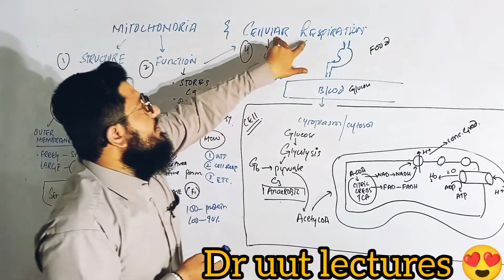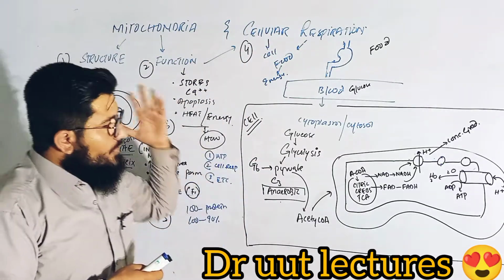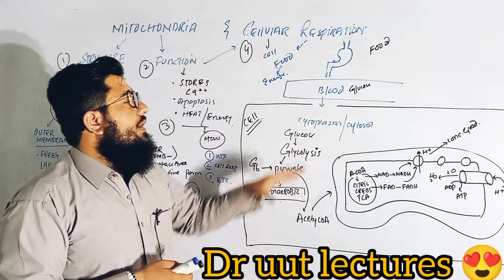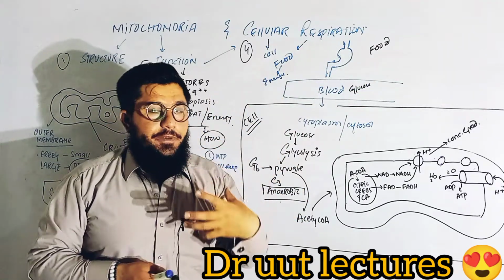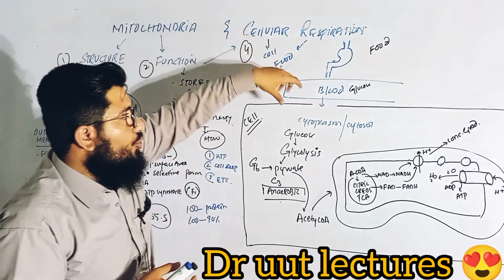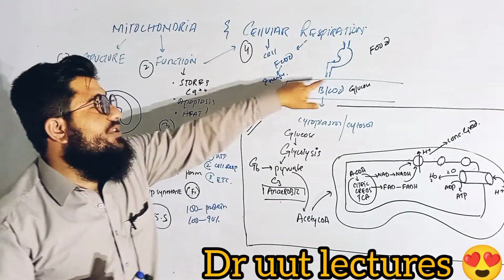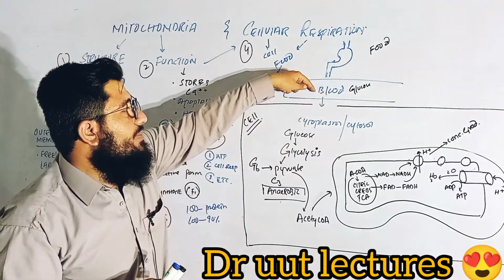I hope you got the term cellular respiration. Now let's go deep into the topic. As we take food, several nutrients are available in that food. Those nutrients are absorbed in the blood. Suppose one of the nutrients is glucose, which from the blood will move into the cell.